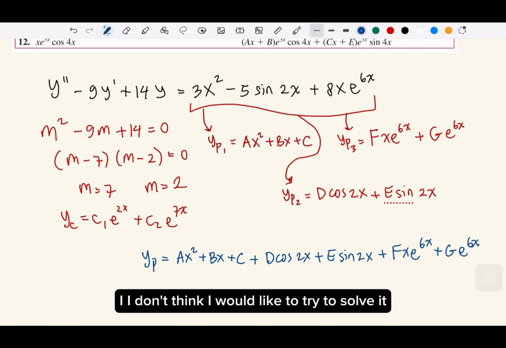I don't think I would like to try to solve this, but this is just to give you an idea that our yp can be more than 1, so you need to combine all together.